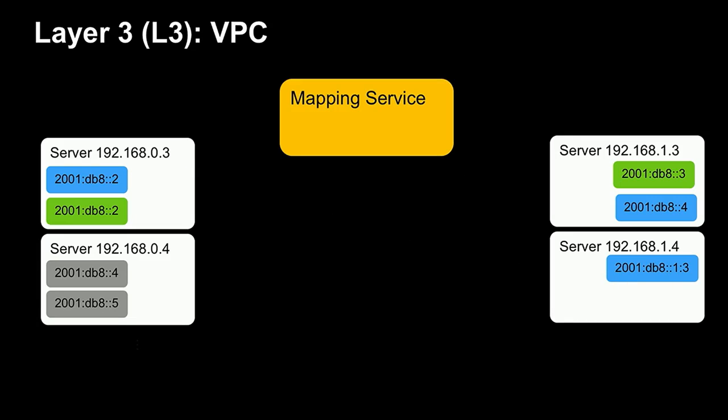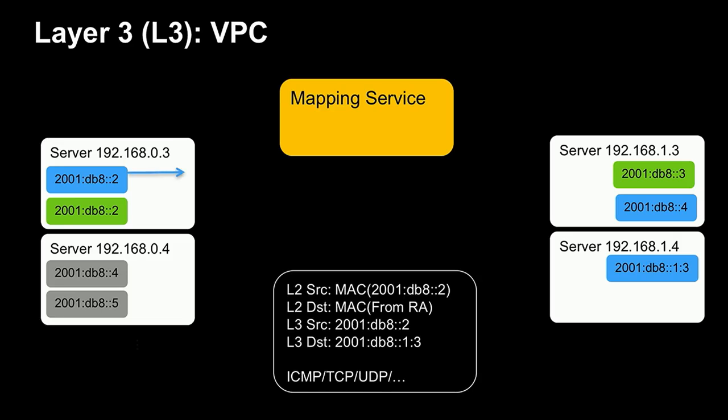Okay, let's look at the L3 case. A little bit different than what we saw before. So the first packet out of the gate is going to have a source MAC address of the 2 instance. It's going to have an L2 destination of the MAC address for the default, or the implicit router, I should say.